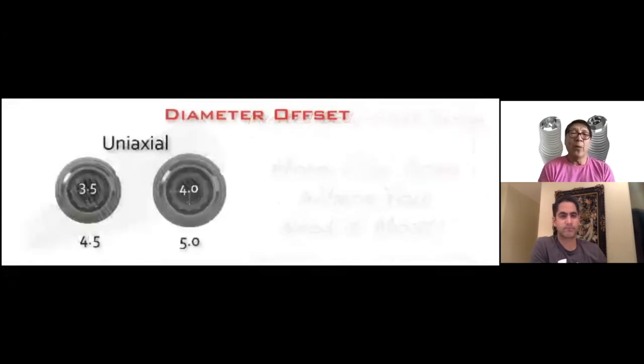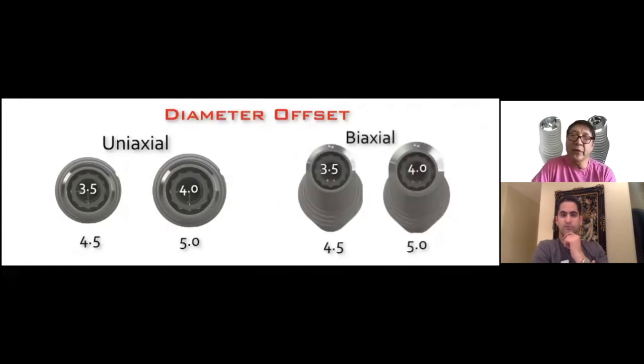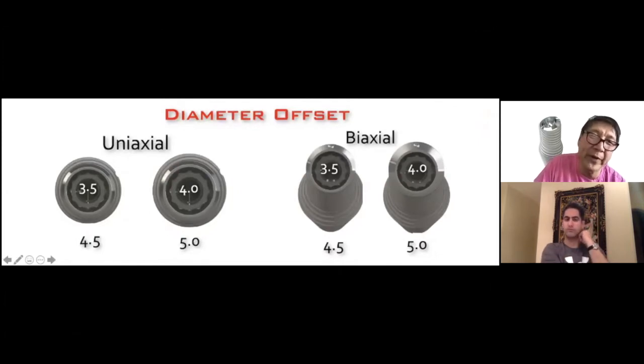Now, the implant does come in a uniaxial form, where you can have a straight implant, but it also comes in a biaxial or coaxial form, which we'll discuss. You have a wider diameter apical portion, say 4.5 to 5, which is reduced to 3.5 to 4 on the top. So this would be a 4.5-3.5 combination.